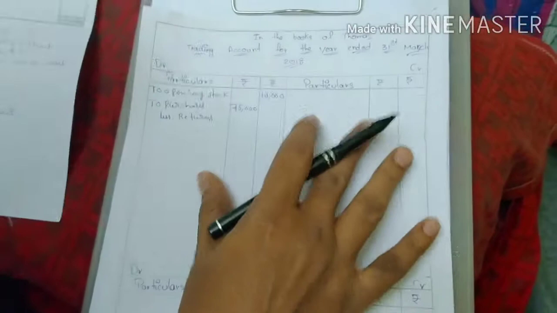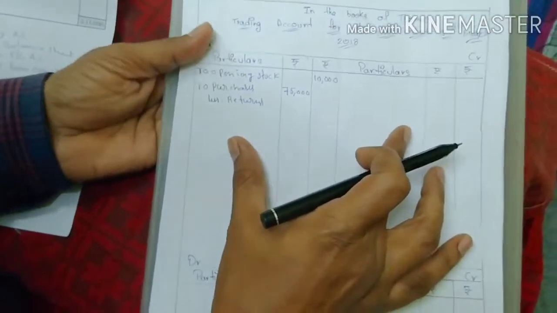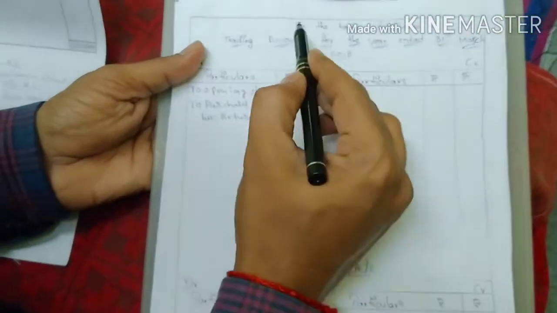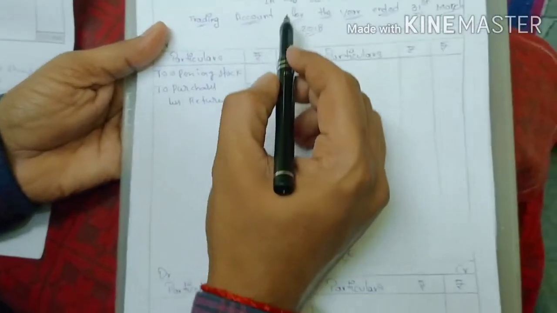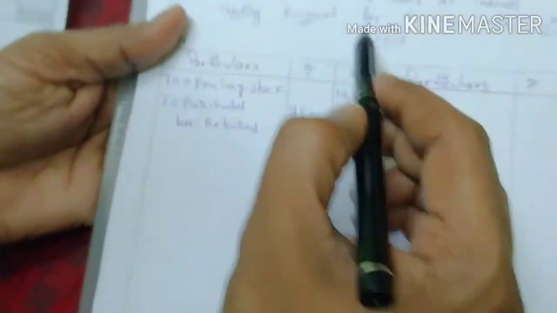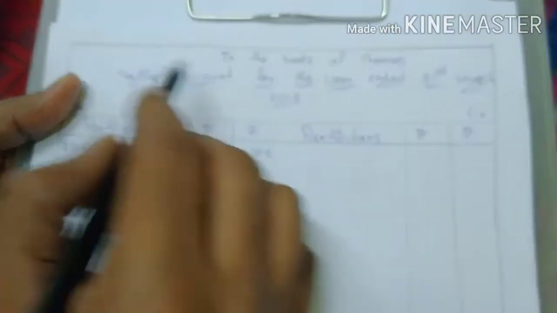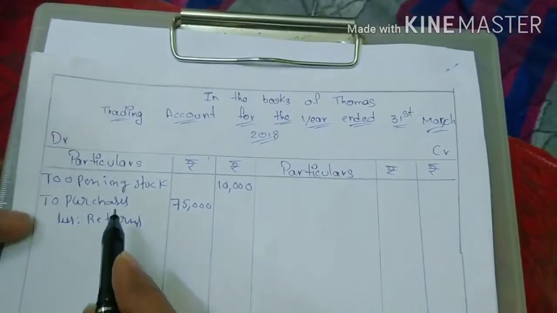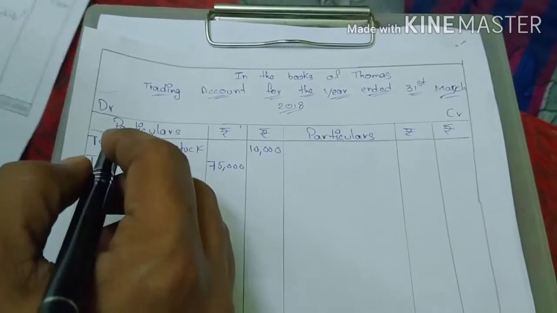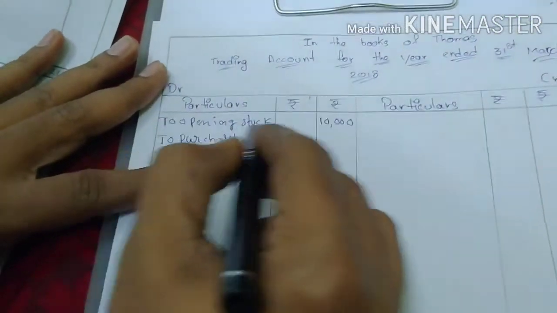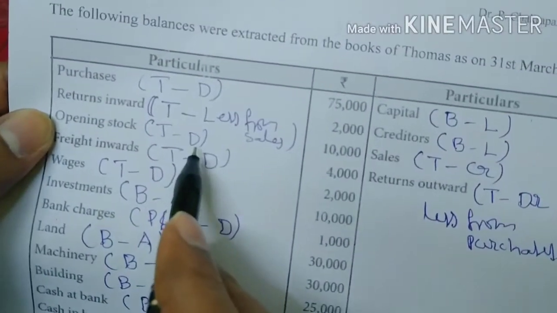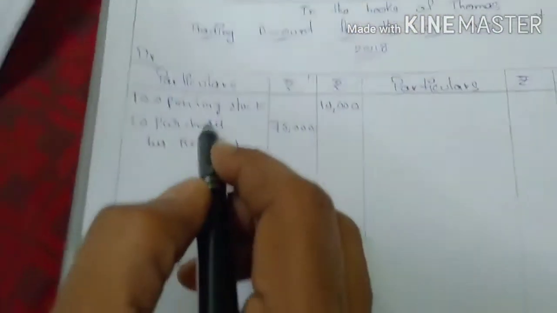Look here, this is the pro forma of the trading account. First we need to write the title: in the books of Thomas, trading account for the year ended 31st March 2018. Next, one by one, to opening stock 1000 rupees, trading account debit side. Next, to purchases 75,000.